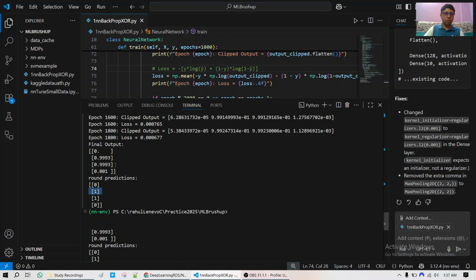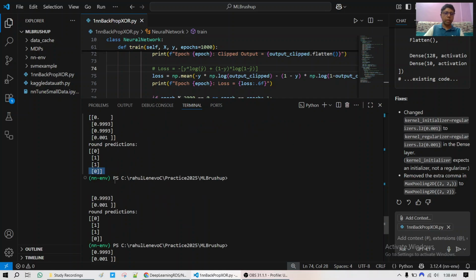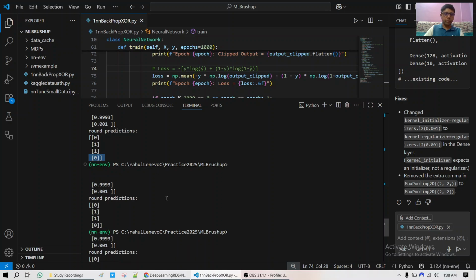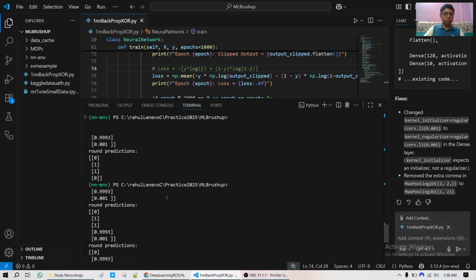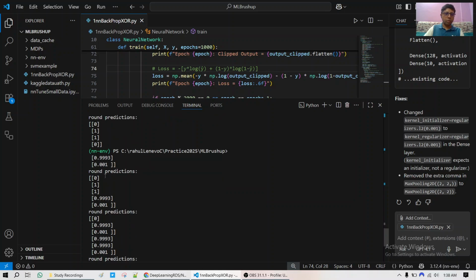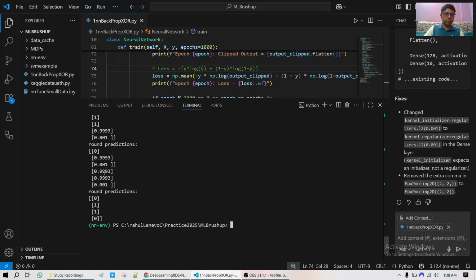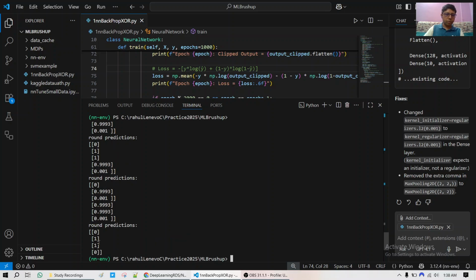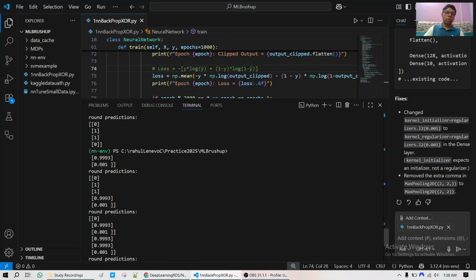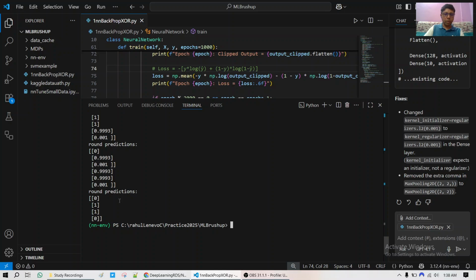I got 0.993, and this has to be 1. I got 0.001 after this, and so finally the rounded predictions are like 0.1110, right? So this is how we have got these values.